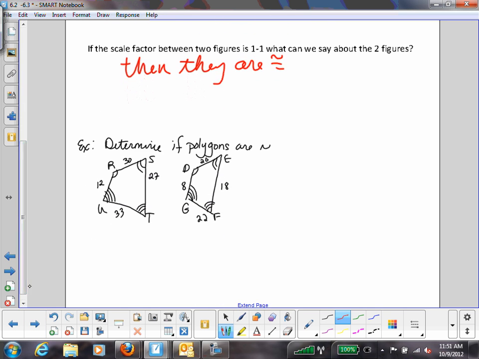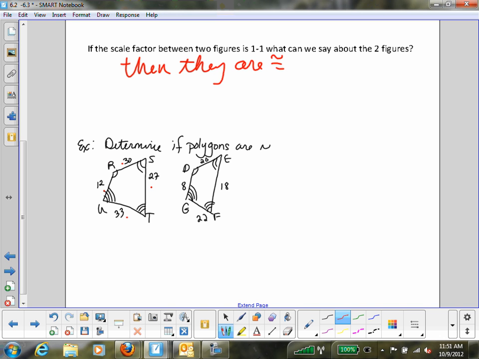All right, determine if the polygons are similar. We have sides here of 12, 33, 27, and 30. Here we have sides 22, 18. Is that 20 or 26? I can't tell from my handwriting. And 8.